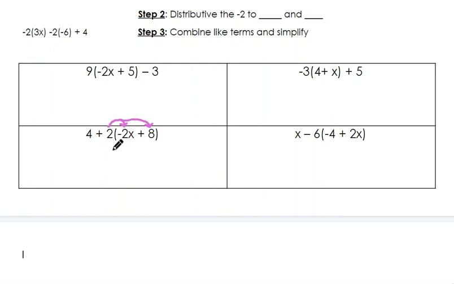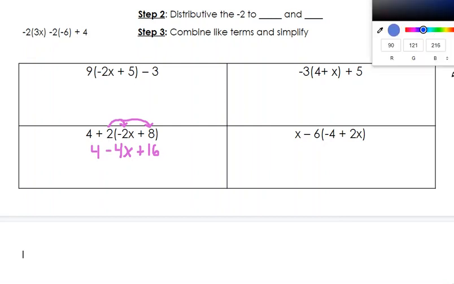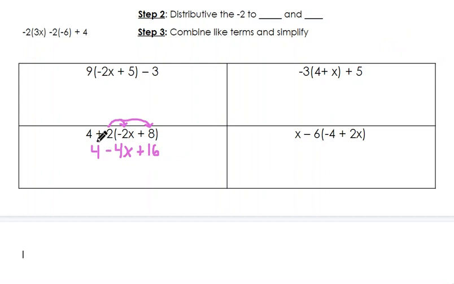2 times -2 gives me -4. And that -2 had an x, so I'm going to keep an x with it. 2 times a +8 will give me a +16. And then now I can bring down this 4. All right, so now I think to myself, is there anything I can combine? And there is.